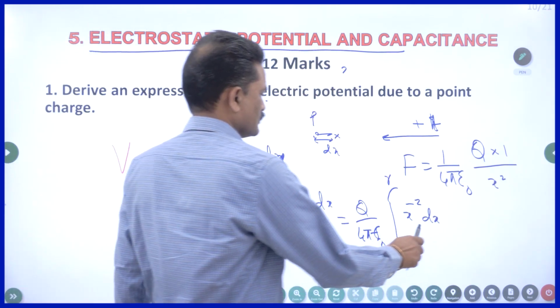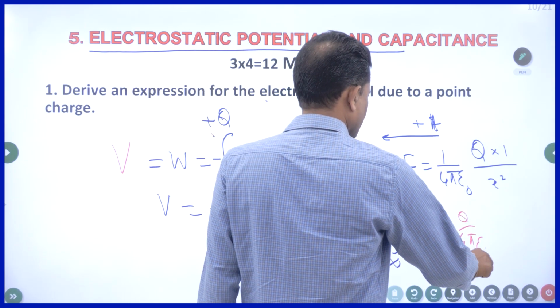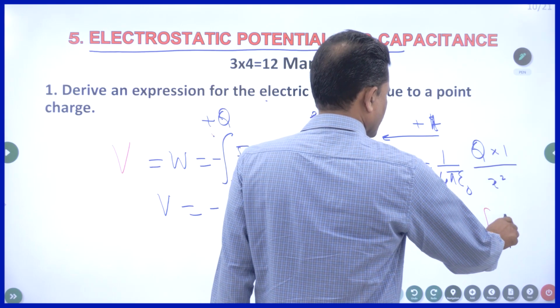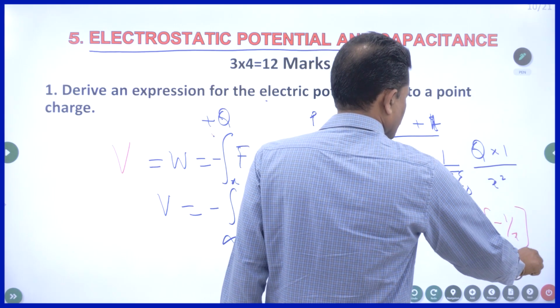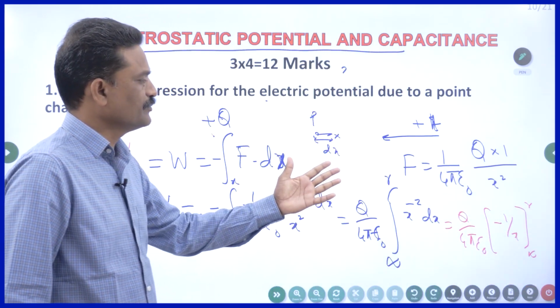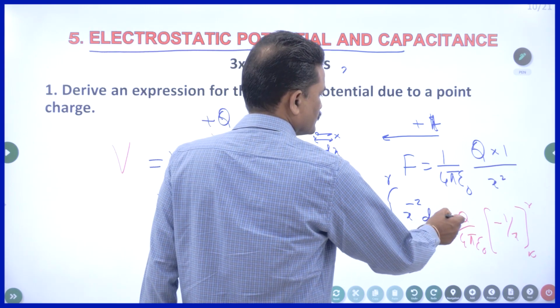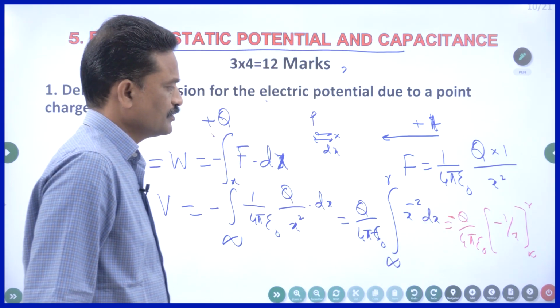So substitute this in the previous frame. So this is Q by 4 pi epsilon naught, minus 1 by x, from infinity to r. Substitute the upper limit minus lower limit. There is already some negative there. So negative will become positive.